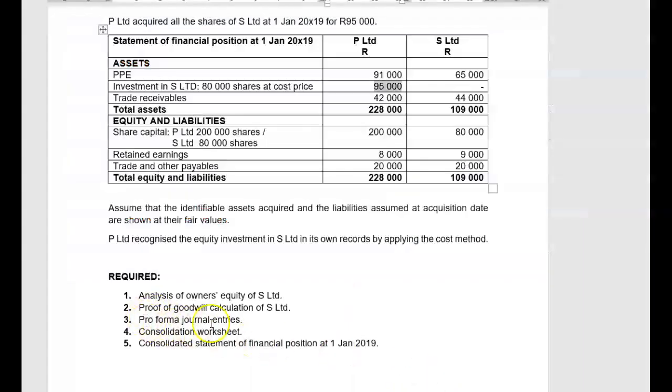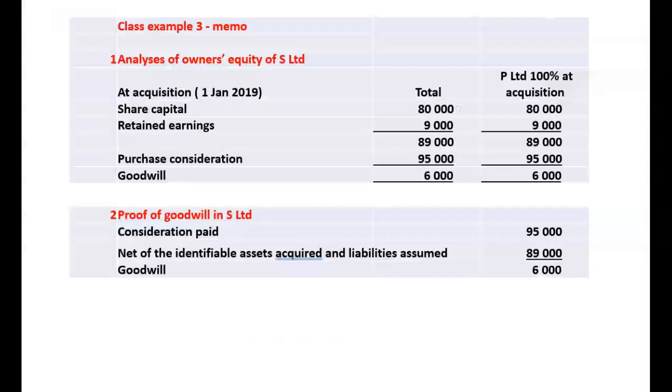Third part of the question, the pro forma journal entries. The common items that we have to get rid of are the investment of 95,000 and the equity of S of 89,000. So obviously we're going to credit that investment in P's books of 95,000. We're going to debit share capital in S's books, retained earnings in S's books, and then in order to make this balance, we have to bring in the goodwill.